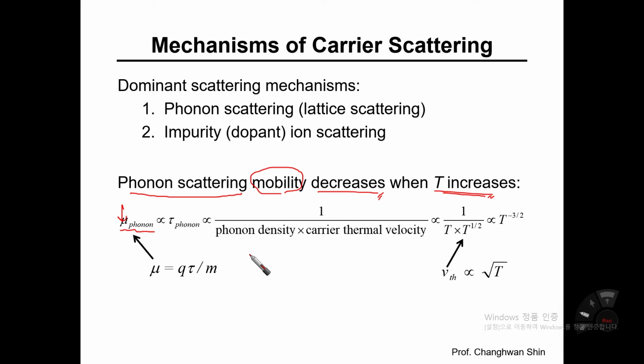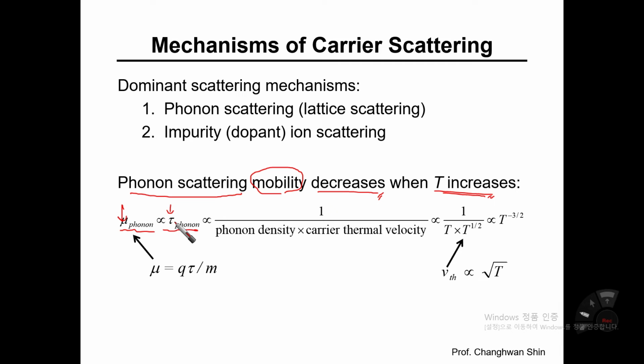So many solid-state physicists have developed many detailed mechanisms to explain and understand the mobility value by phonon scattering. And here is the answer. So mu phonon, mobility by phonon, is proportional to how long the average scattering time is, in this case, in which the scattering event is governed by phonon.